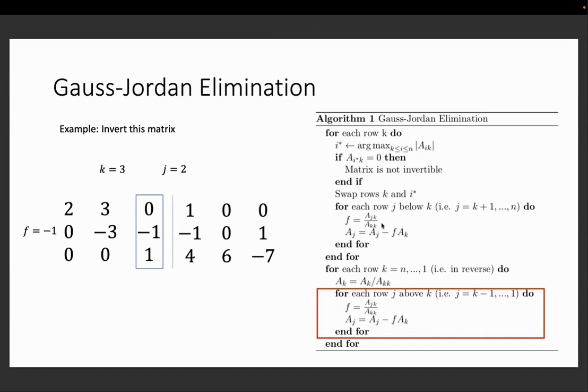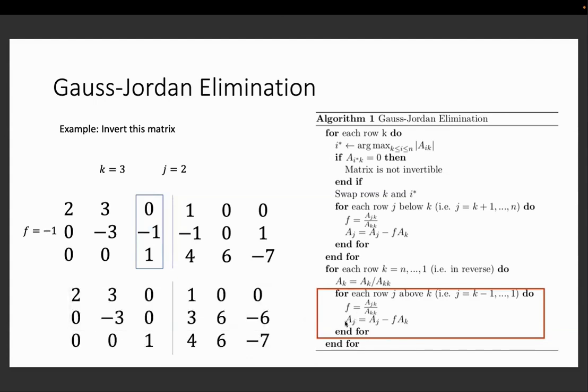We need to have a similar formula that we had here. At the first, we need to compute the scale factor, which is equal to ajk. J is equal to 2 and k is equal to 3, so A23, which is equal to minus 1, and AKK is 1. So in this case, F is equal to minus 1.